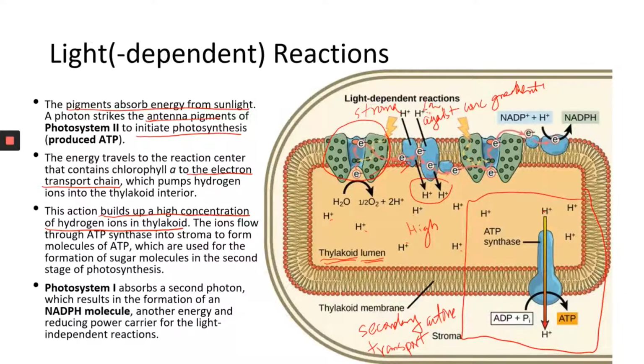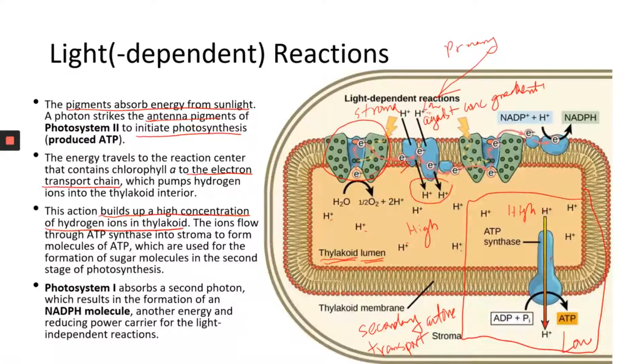Because it actually uses the energy you invested in here, the primary active transport. Okay, so what happens is these hydrogen ions, you have high concentration on this side and low concentration on this side. And then there is a protein that allows the hydrogen ion to pass through.